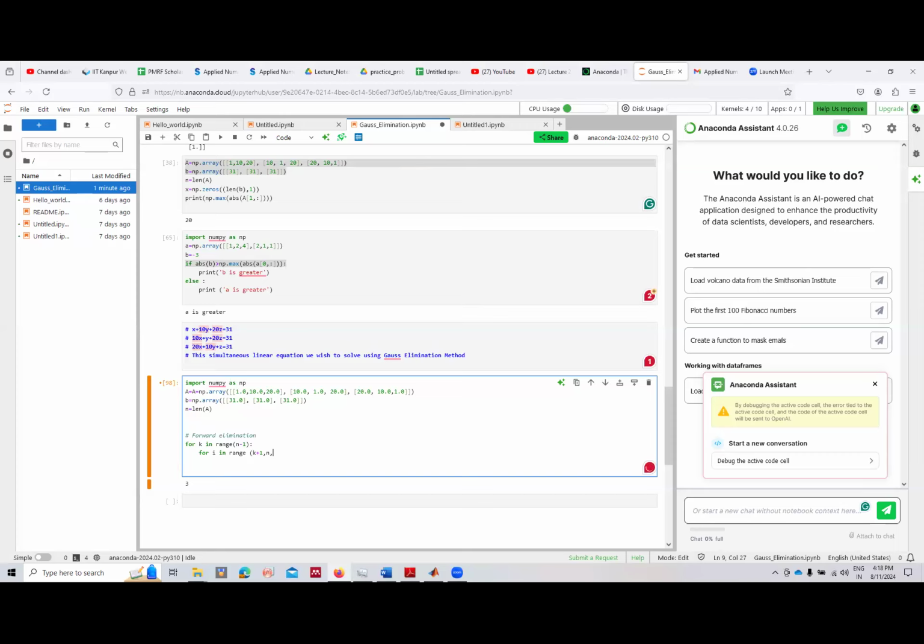I want to include the last row, with an interval of 1.